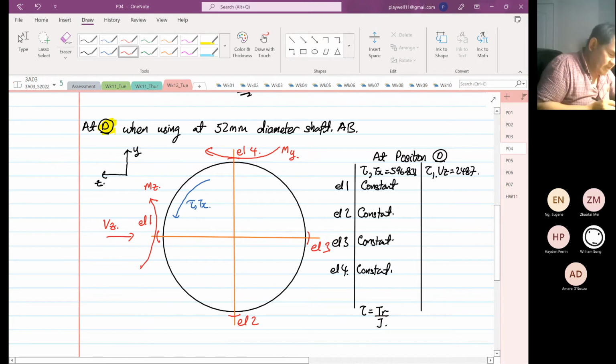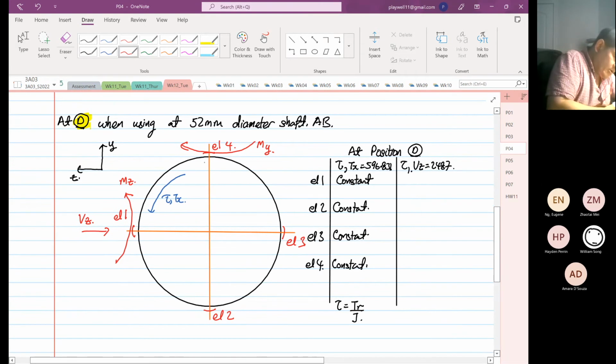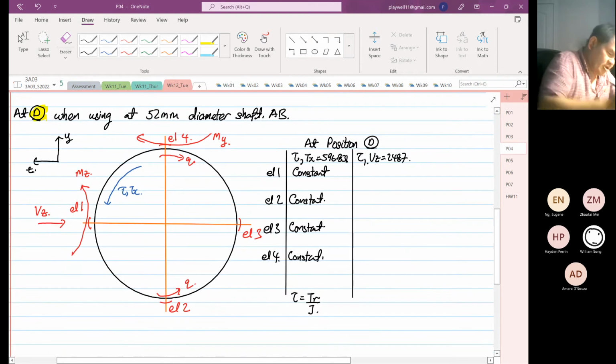Okay, so if the shear force is induced by Vz, we know that at element 4 and element 2, the shear flow is in this direction. Okay. Now, element 1 and 3 will have 0 because Q is equal to 0, the first moment of area equal to 0.